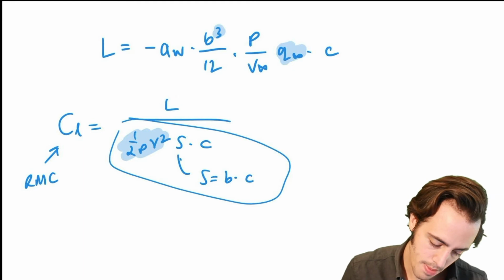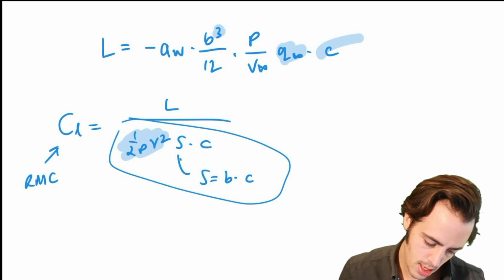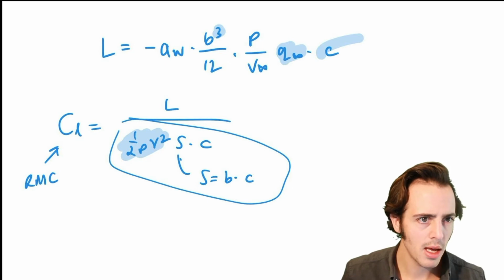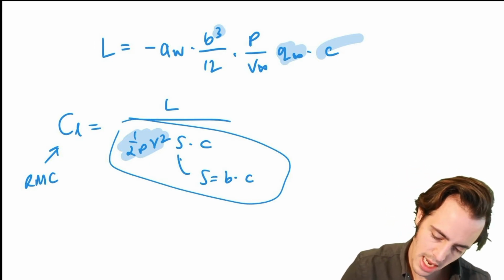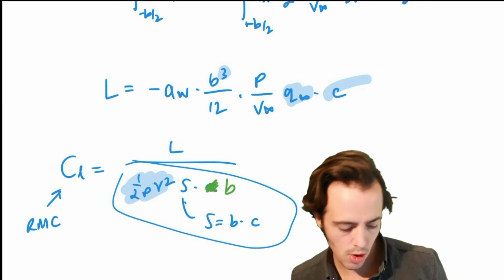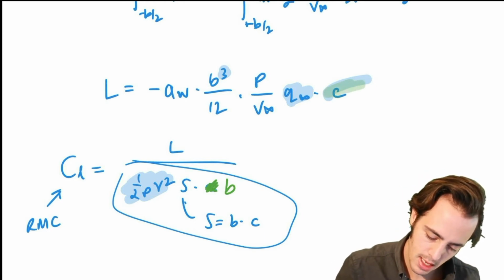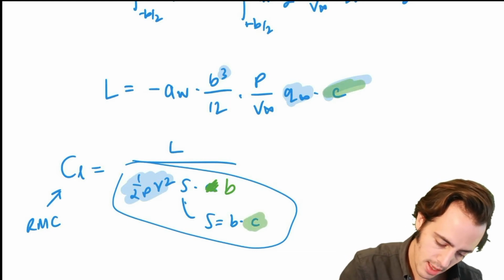What else have we got? We've got C, which goes as well. That's good, I think. So we end up with, am I missing a term here? Let me just check. No, the mistake I made is, because I've been stupid, the definition of the rolling moment coefficient is not with a C at the bottom, it's with a B. Otherwise we would have had an extra C. So that C up here cancels because of this C. And then we've effectively got B squared, so this just disappears up here.